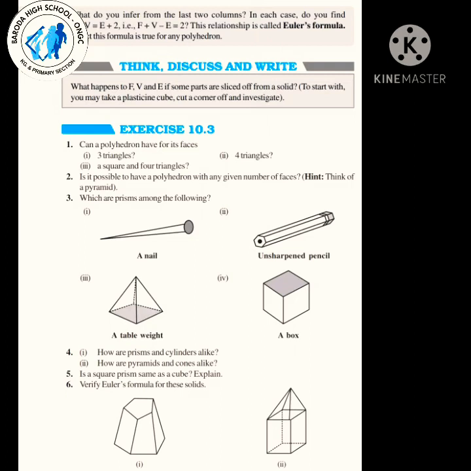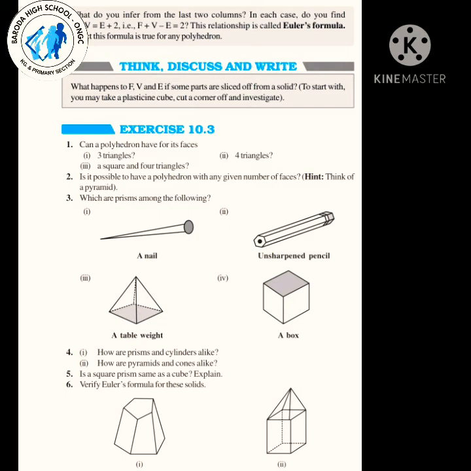So it is a prism. Now third is a table weight. Yes, it is not a prism. As you can see, the vertex where the faces meet is not the same. Now the next one is a box, and yes, it is a prism.